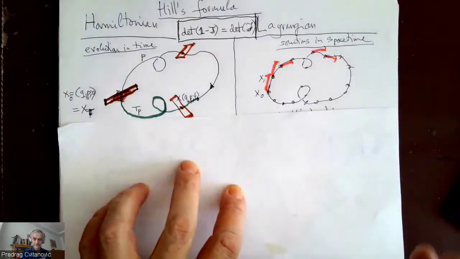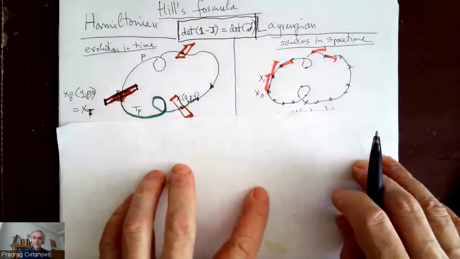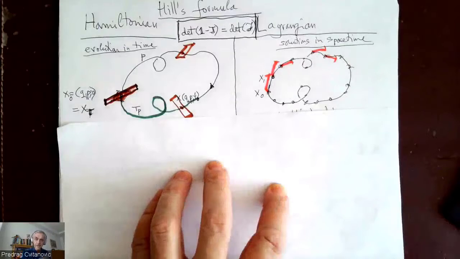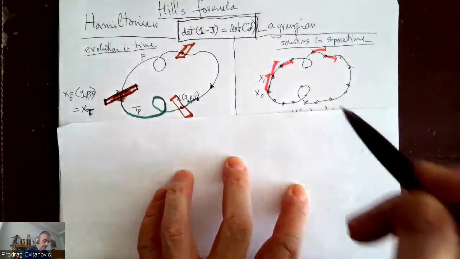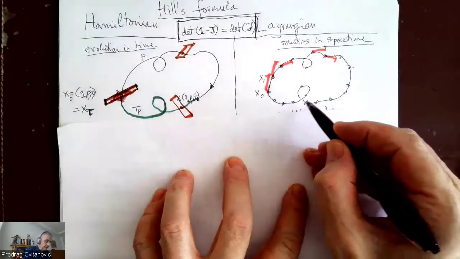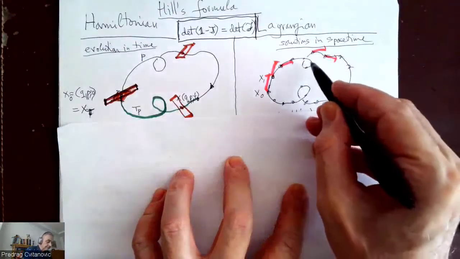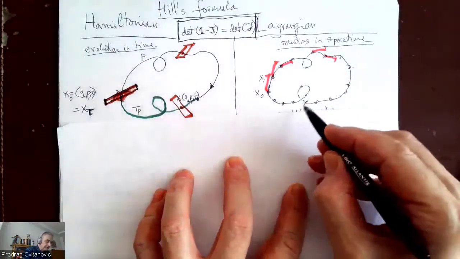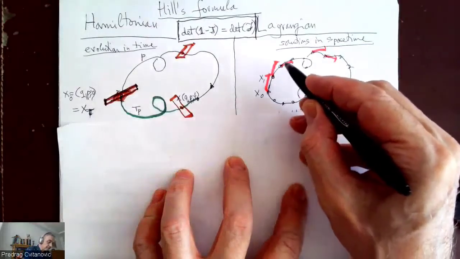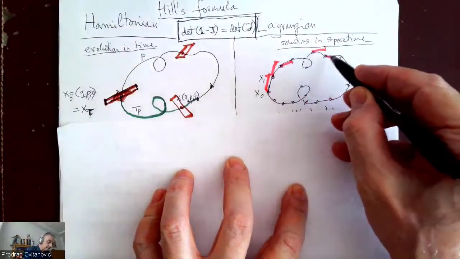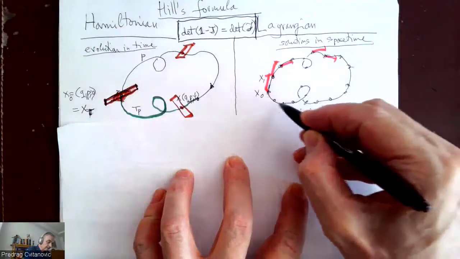So what Hill was doing, he was guessing at the shape of a lunar orbit. And the way we can think of it, he was saying, the orbit looks to me should be here, here, here, here, here, here, here, here, some number of points.